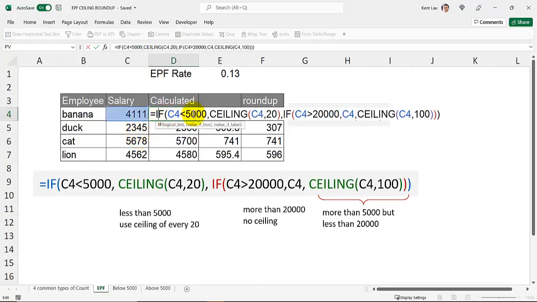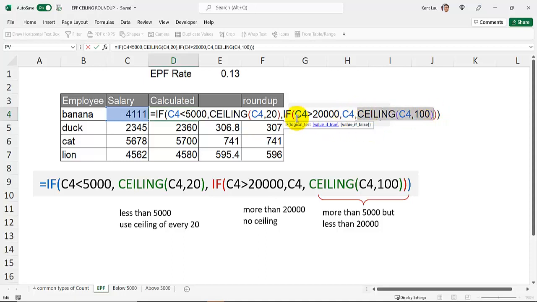Combining the ceiling and the round up, you can do a calculation like this. The IF function checks whether the salary is lesser than 5,000. If it's lesser than 5,000, KWSP says to take the ceiling by 20. And if the salary is above 20,000, then no ceiling is taken. Just directly take that. Say a director's salary is 25,000 or 30,000, then you take that amount times the EPF rate.